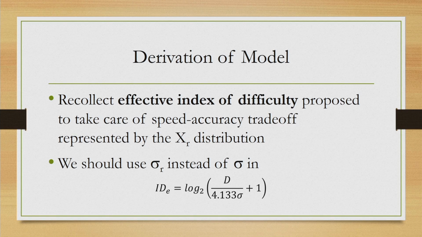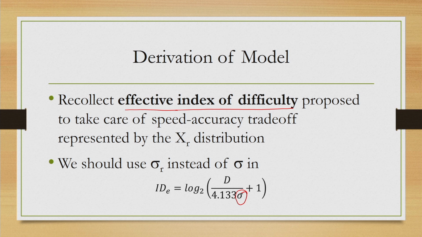Now, earlier we have shown the formulation for computation of index of difficulty when we are considering the effective target width, and that index of difficulty we call the effective index of difficulty when, instead of the original target width, we are considering the effective target width. Now, the original formulation that we have seen earlier uses the term sigma, that is the standard deviation of the distribution representing all the touch points.